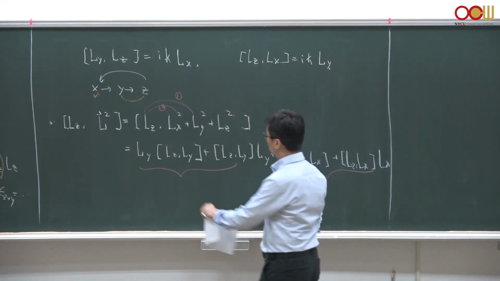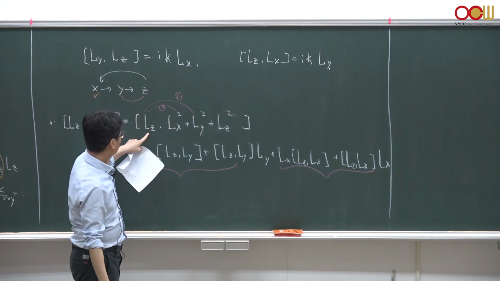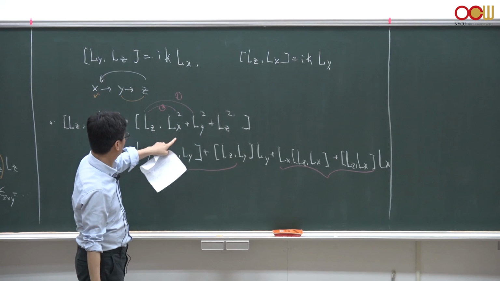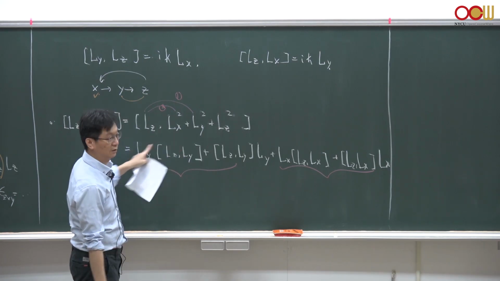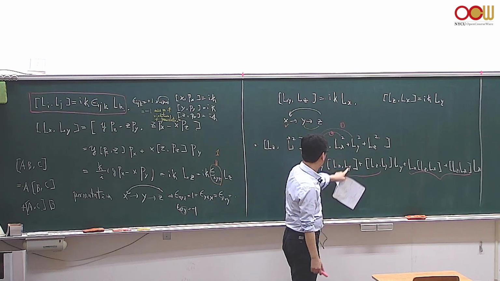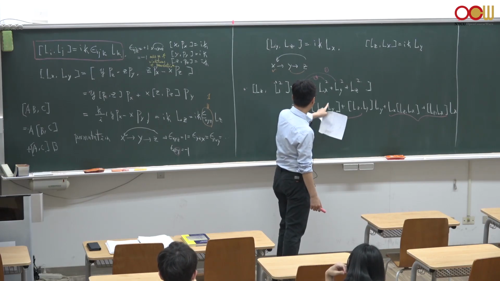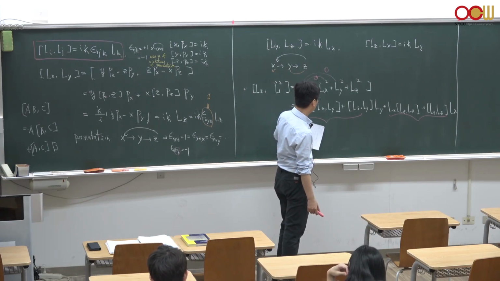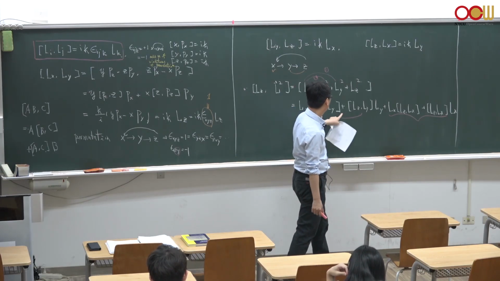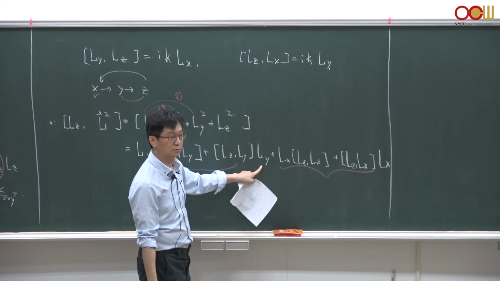Okay, so when we deal with the Lz commutator with Ly squared, you simply follow this ABC rule, and you separate this into Ly on the left times the Lz Ly commutator plus the Lz Ly commutator times Ly.